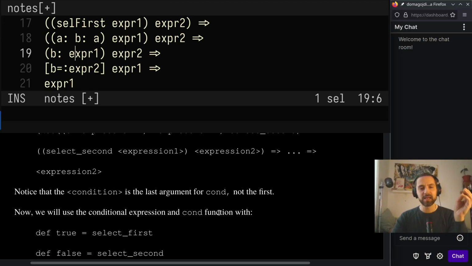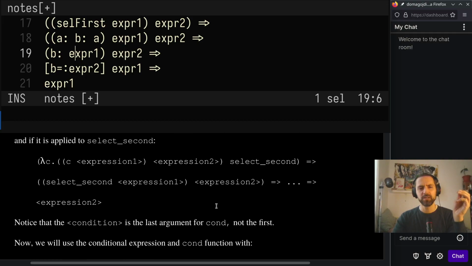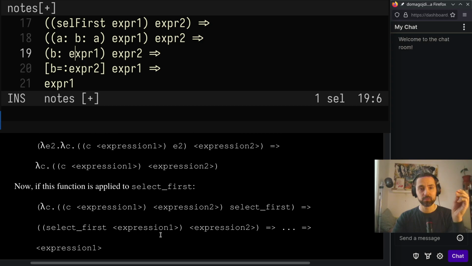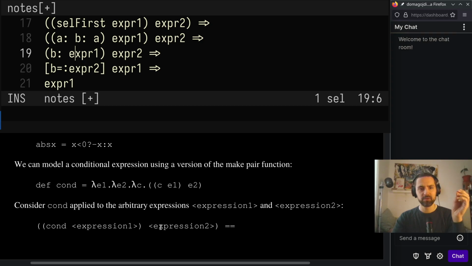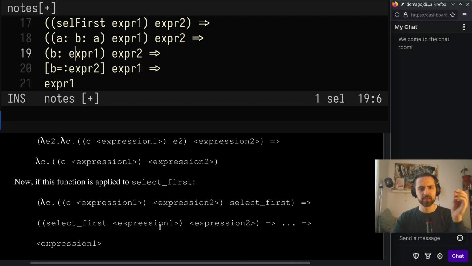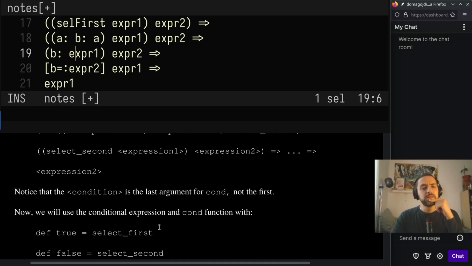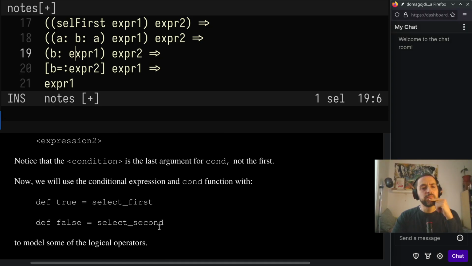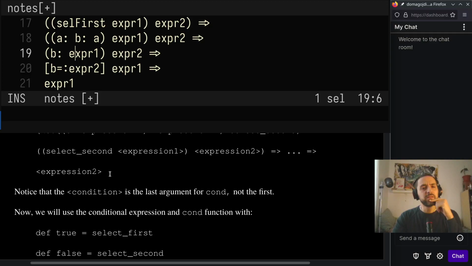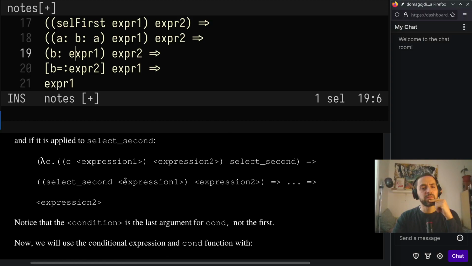Notice that the condition is the last argument for cond, not the first. What's the condition? Did she write somewhere condition? Yeah, I don't know what he means by this. That the condition is the last argument for cond, not the first.